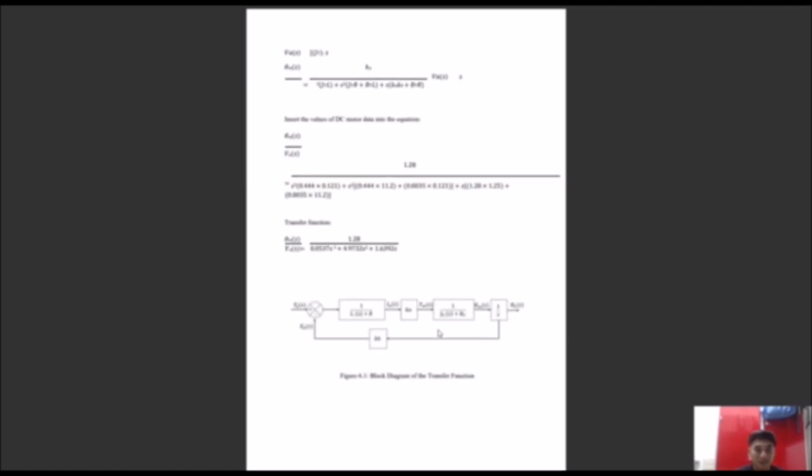We can get that the answer is theta ms equal to KA over that expression.